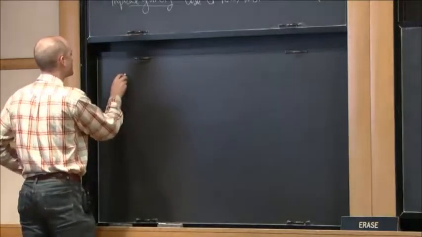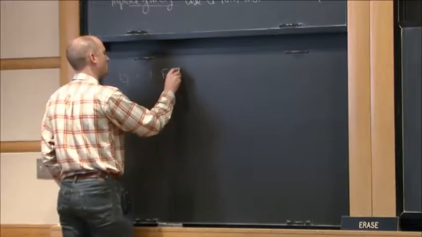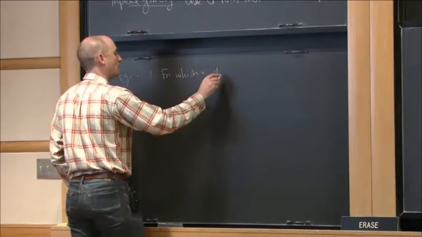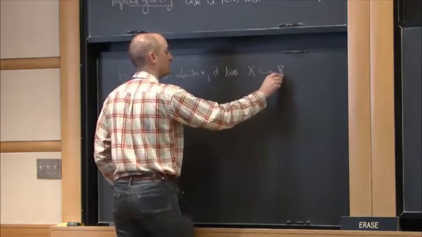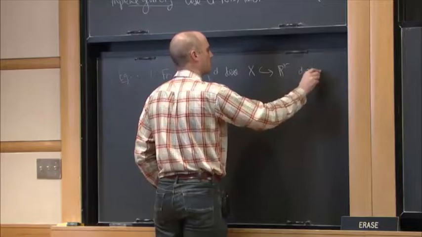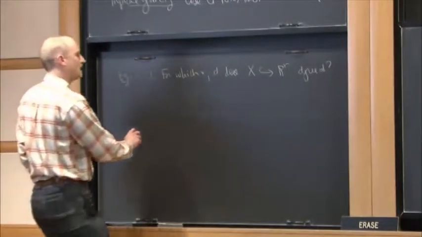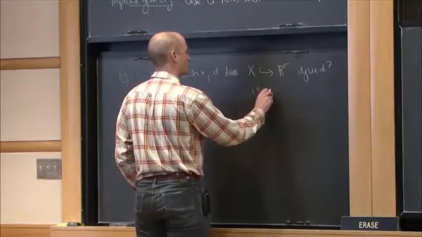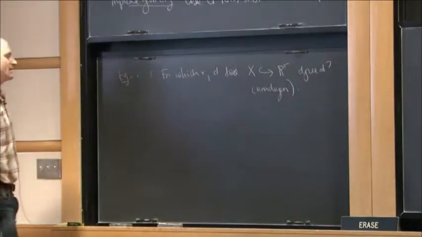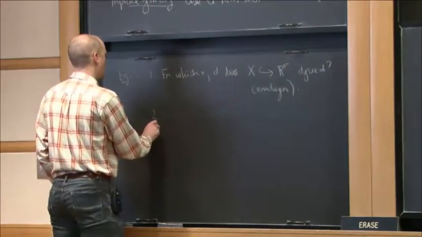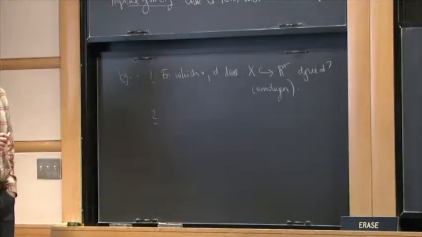So the types of questions we might ask would be, for which R and D does X embed in PR with degree D, or you could just ask for maps of degree D to PR, and maybe we should ask for these to be non-degenerate. So we don't want the image to be contained in a hyperplane, or when we have an embedding, we might want to know what's the Hilbert function of the image.